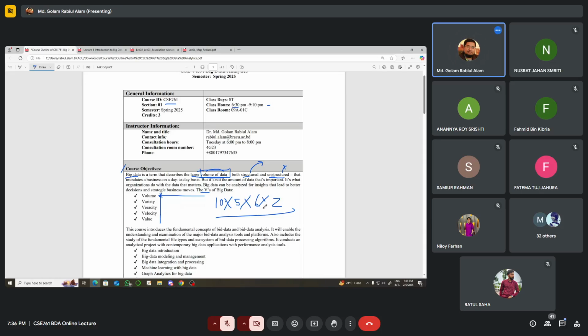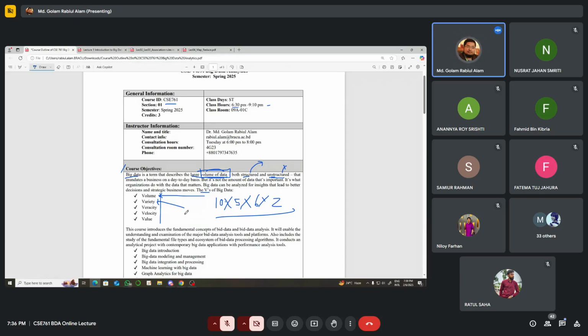So based on the dimension and the volume of data, we can say that this is the volume of big data. The next is variety. That means data can be generated from a variety of sources, or we can say heterogeneous sources of data.